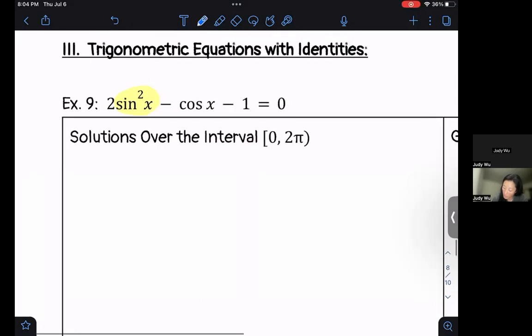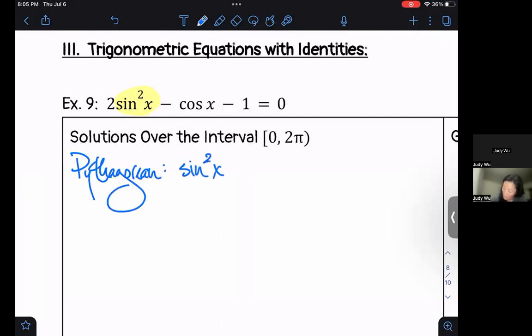So I'm going to think about all the identities I know that involve sine squared. And the first one that comes to mind is the Pythagorean one. All right, and in particular, we have sine squared x plus cosine squared x equals 1.